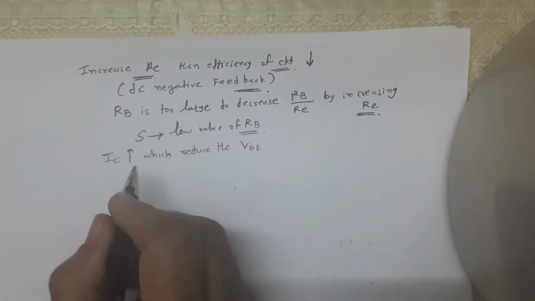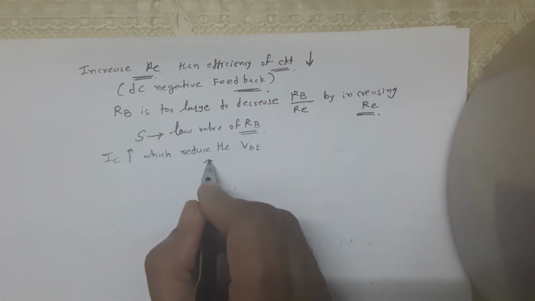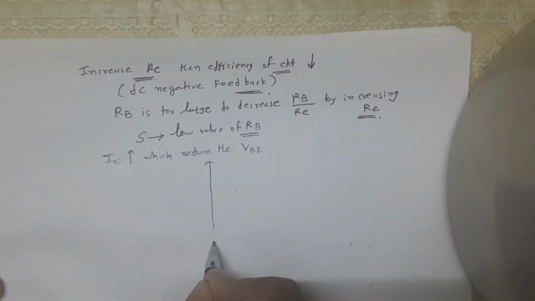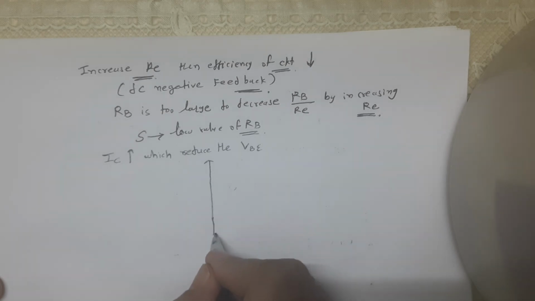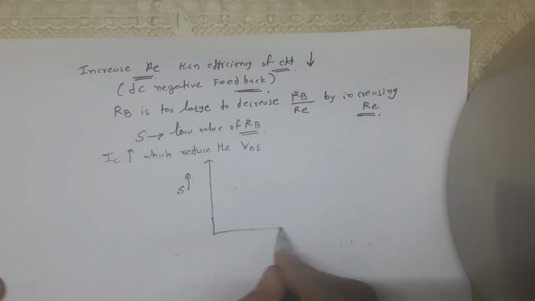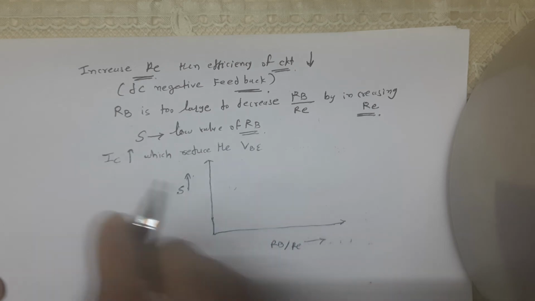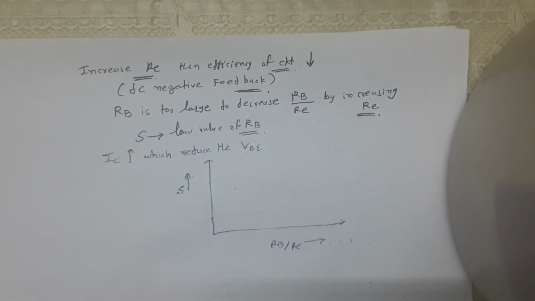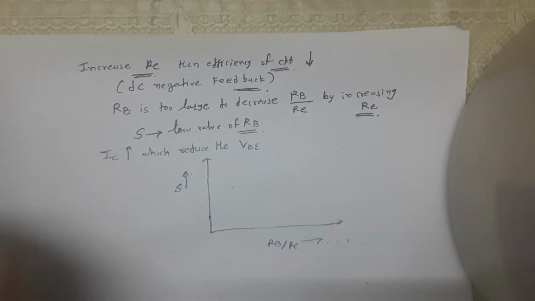Now, according to the graph, we draw the y-axis, which is nothing but the stability. The x-axis is nothing but the resistance RB upon RE. And from this, we can draw the graph in this way.